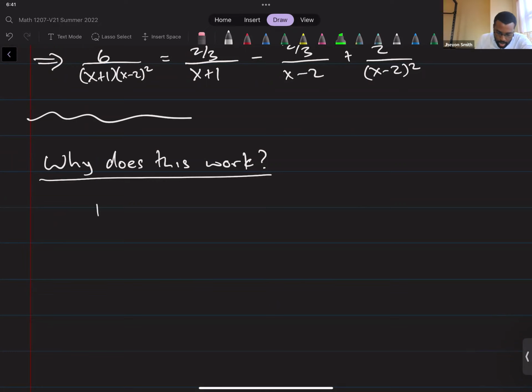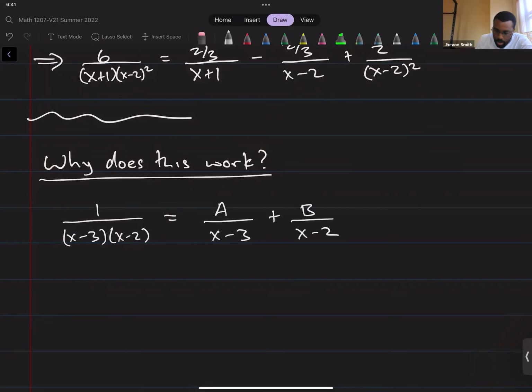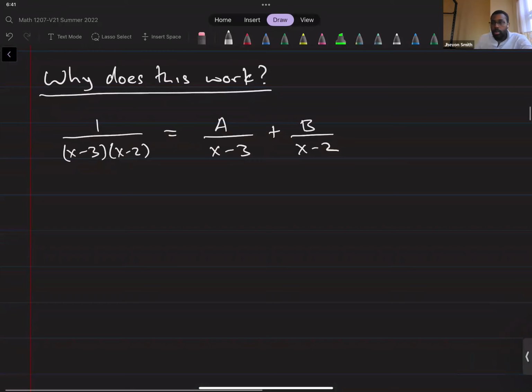So let's say we started here, x minus 3 times x minus 2, and let me just show you why it works. When you cover up, the mathematical operation you're doing but not writing down is actually a multiplication on both sides by that factor in the denominator.